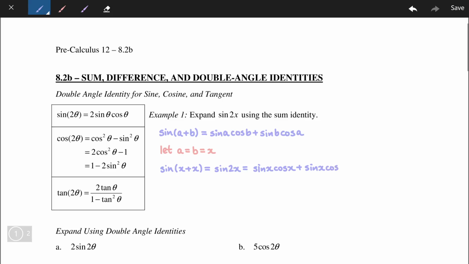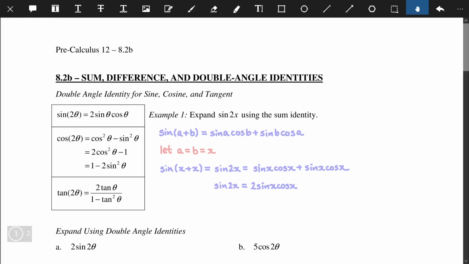And the idea here is that once we have sine x cosine x twice, that is simply going to be 2 sine x cosine x. Right, so that's how we can show that this identity for sine actually works.